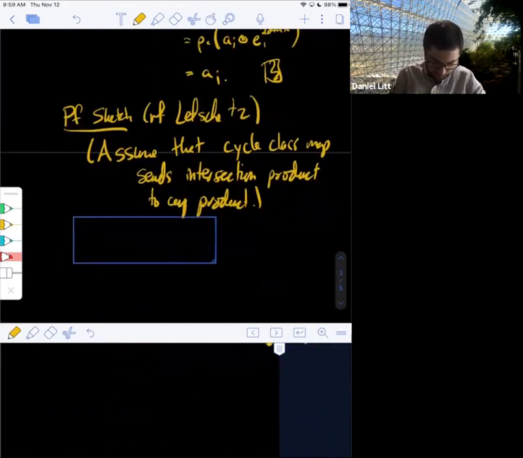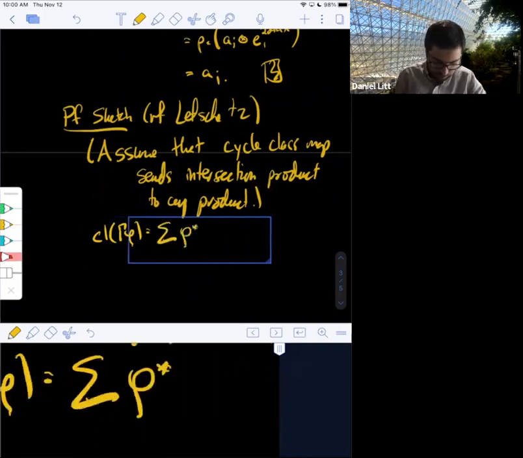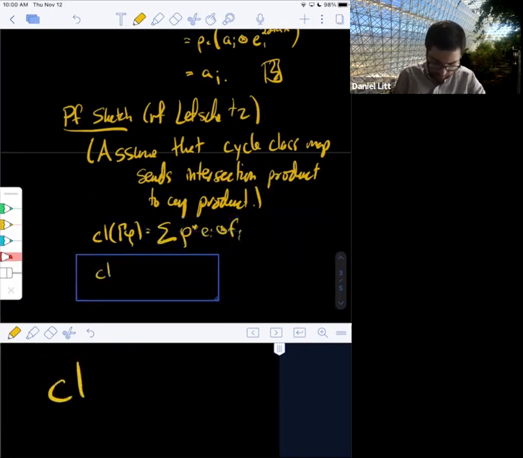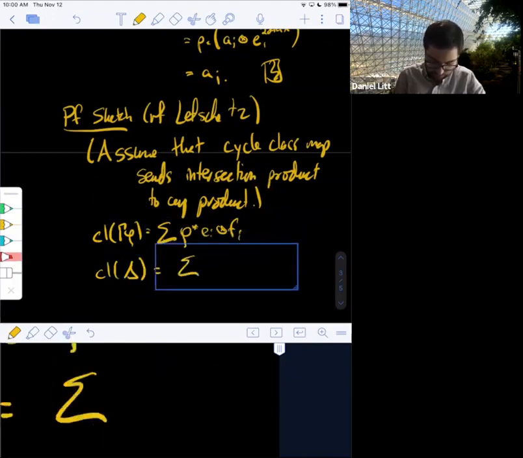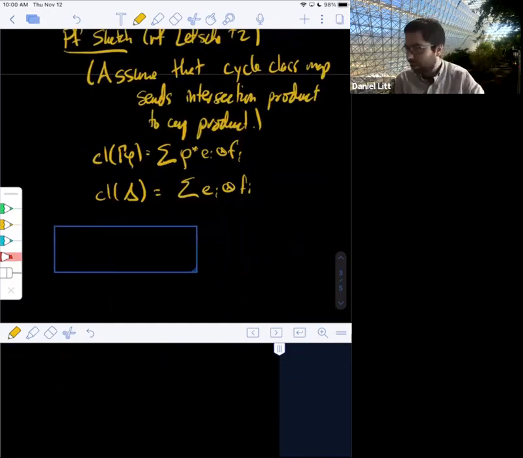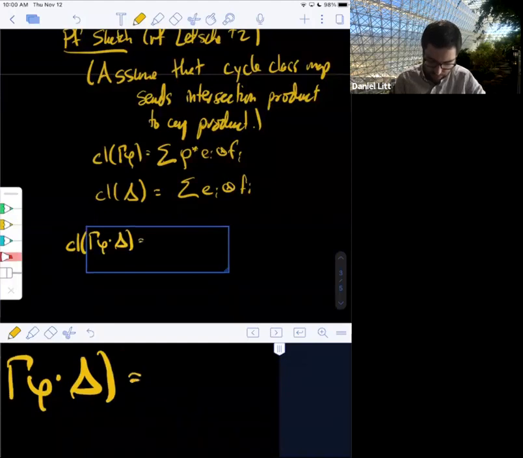So what do we know? We know that the class of the graph of phi, we just proved it's the sum of phi star EI tensor Fi, and applying this to the identity as in our example from before, we get that the class of the diagonal is the sum of EI tensor Fi. So if you believe this fact that the cycle class map sends the intersection product to the cup product, then we get that the class of the intersection product is the cup product of these classes.